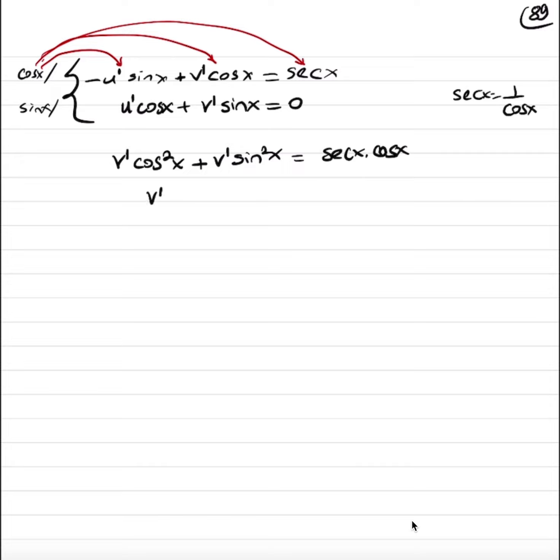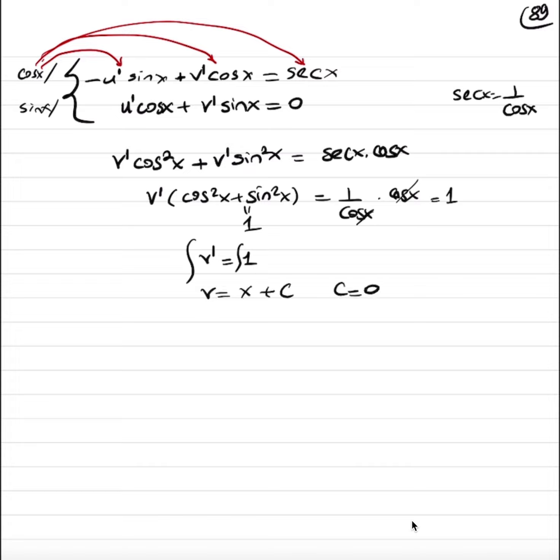So when we take v prime in parentheses, we have cosine square x plus sine square x, and this is equal to 1 over cosine x times cosine x. So these are 1. We are very lucky. So we find v prime is equal to 1. And when we take the integral, then v is equal to x plus c.